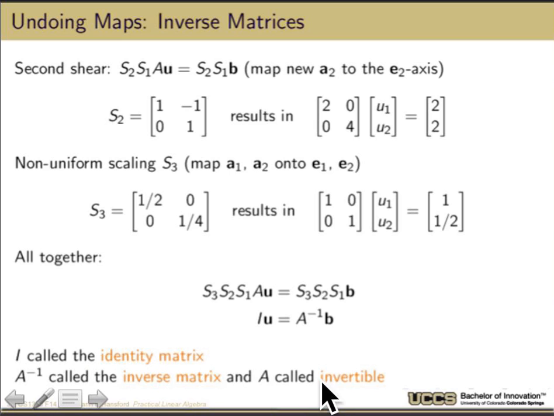And A is called invertible if this matrix exists. If, doing this, I can't perform some operation, for example if one of these scales was not definable because this column was 0, then I couldn't take 1/0. That would be nonsense, so I would not be able to compute A inverse. But if I go through this process of doing each of these shears and scalings, and in 2 by 2 it's always 2 shears and the scaling that will be sufficient, then I can find the invertible matrix.